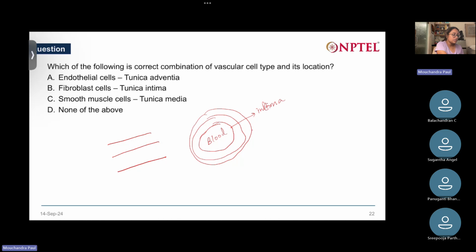Then the outermost layer, farthest away from the blood, is called tunica adventitia. And the middle layer is called tunica media. And each of these layers has a specific cell type. I'll tell you later, but if you can guess which is correct here, then we'll go forward.